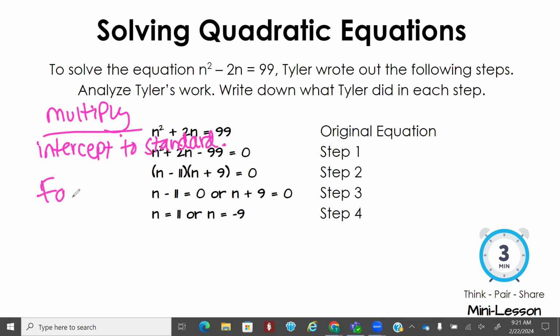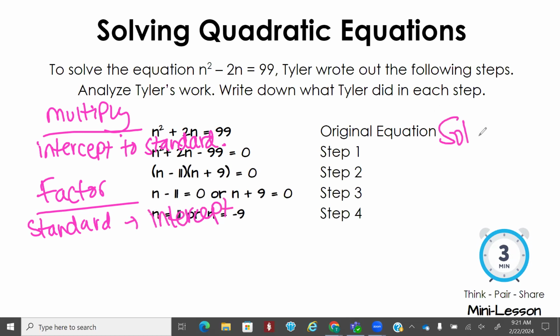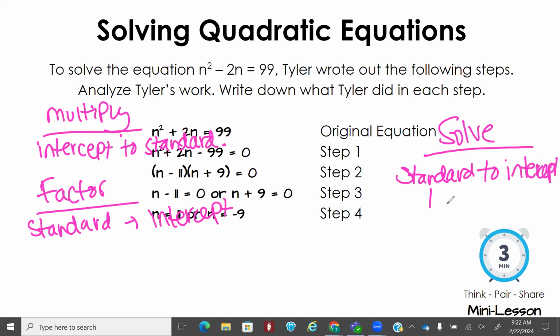Factoring went from standard to intercept form. Now, solving is going from standard to intercept to the actual solution. So this is what we're talking about today.